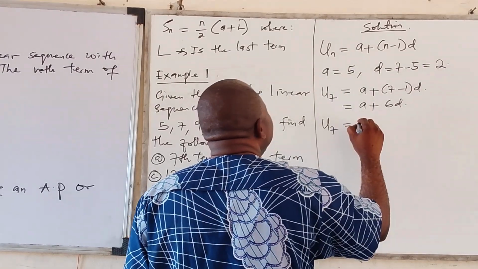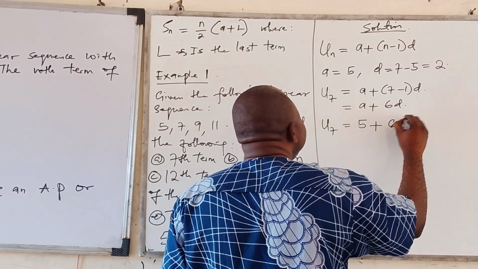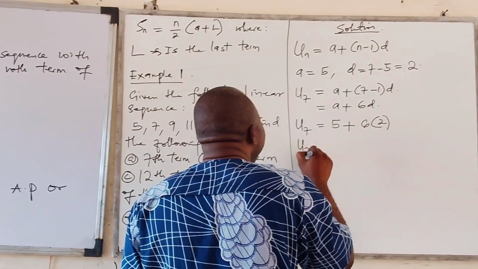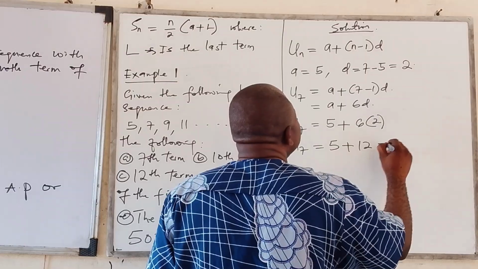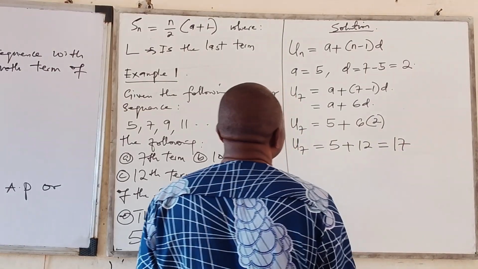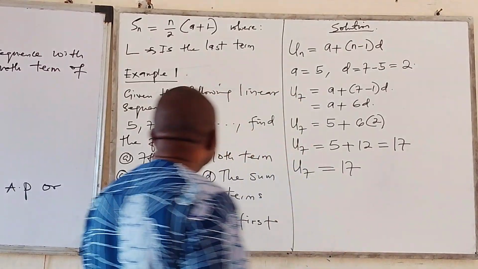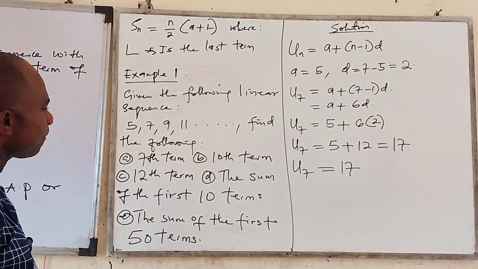The value of A is 5, plus 6 times D, and the value of D is 2. So the seventh term is 5 plus 12, which is equal to 17. The seventh term is 17.